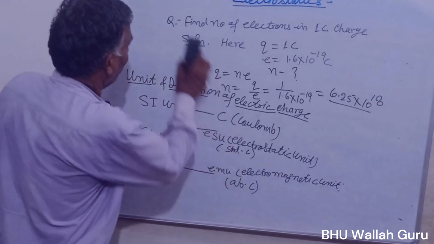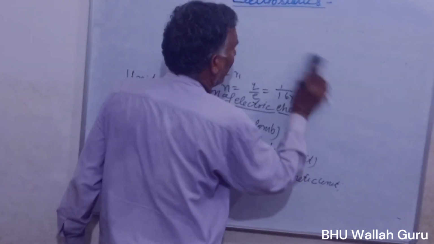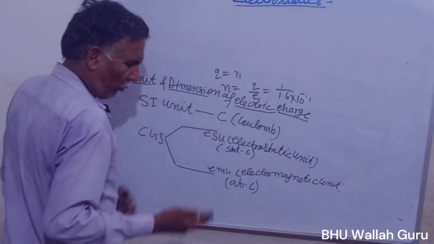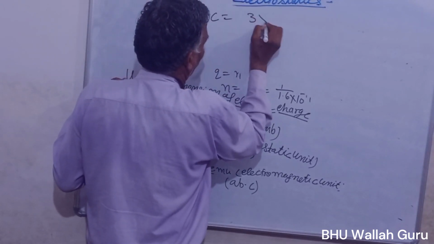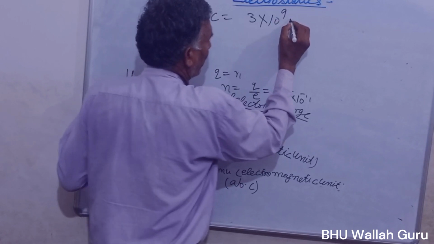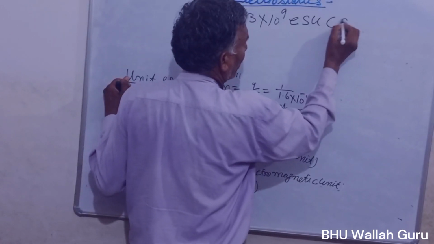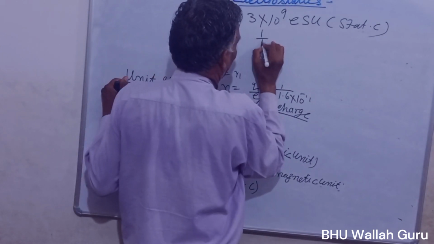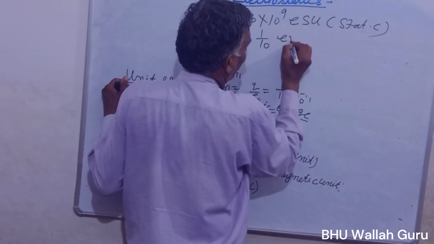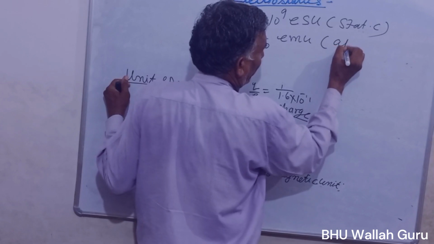Now, what is the relation between ESU and EMU? 1 Coulomb is equal to 3 times 10 to the power 9 ESU, that is stat Coulomb, and 1 Coulomb is equal to 1 upon 10 EMU, that is ab Coulomb.